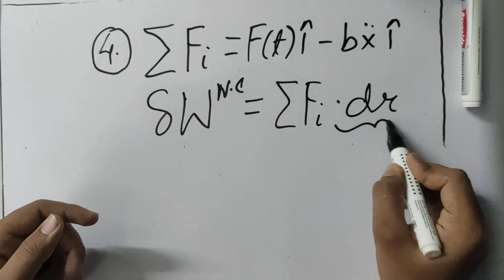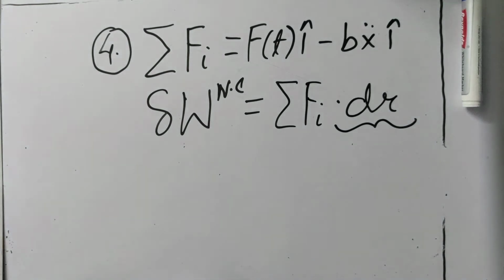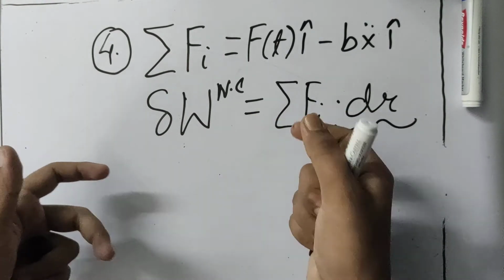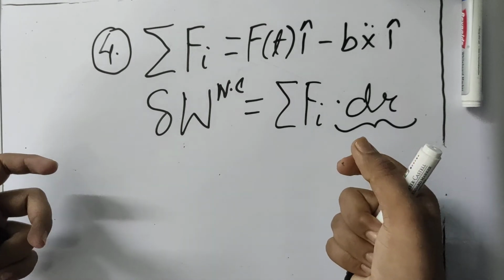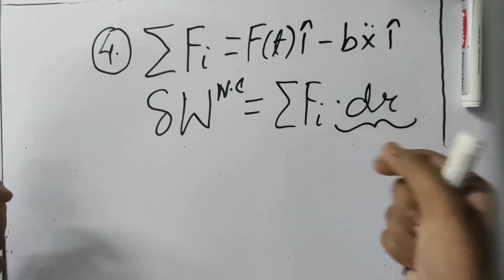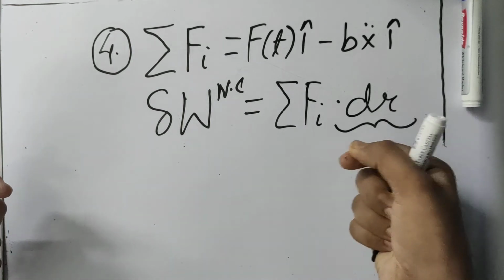Now what is this dr over here? dr is that small displacement, kind of a del x. It is like a delta quantity, something like this, moving. dr is the direction, it is the small displacement along which the system moves.